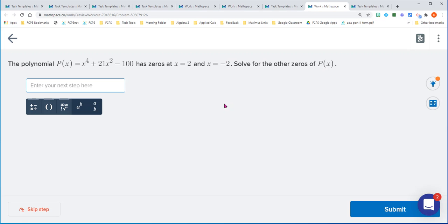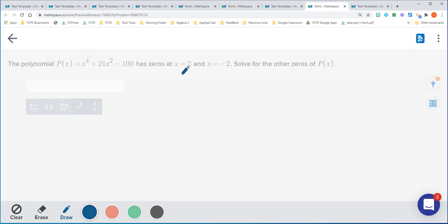So you've got two choices here. Okay, so knowing that these two things, right, you could do synthetic division with both of these zeros, or you could do long division. Okay, let's see.